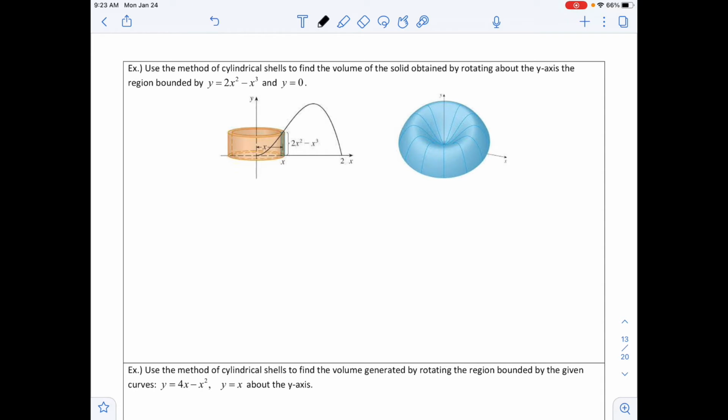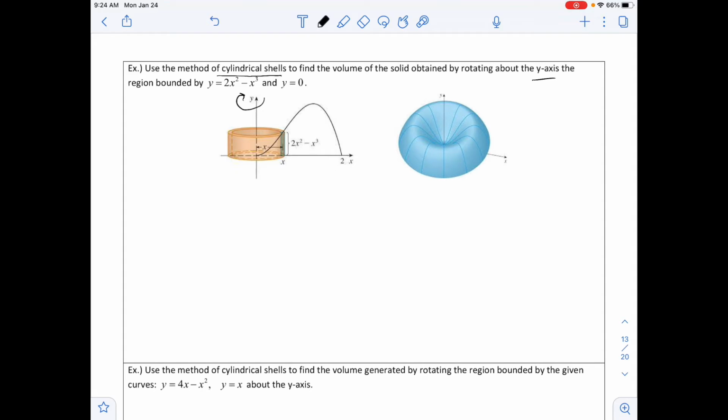You can see what the shape would look like in that three-dimensional form as we rotate it. In order to find this volume, we are going to rotate it around our y-axis. Let's go ahead and try to set up this problem using the method of cylindrical shells.